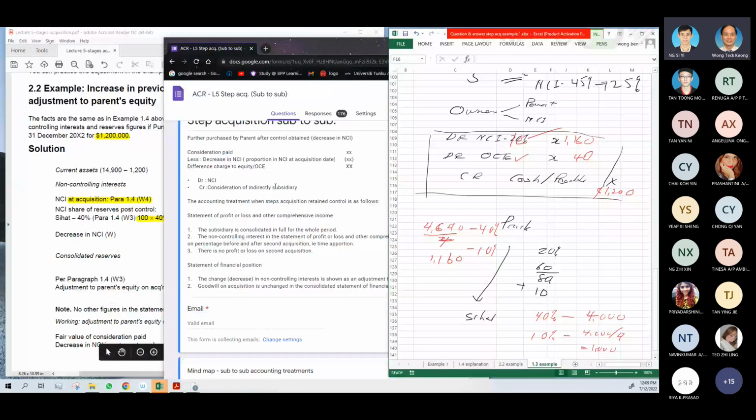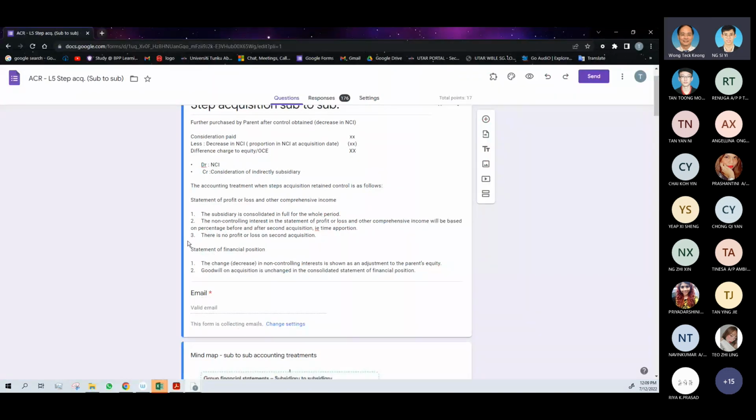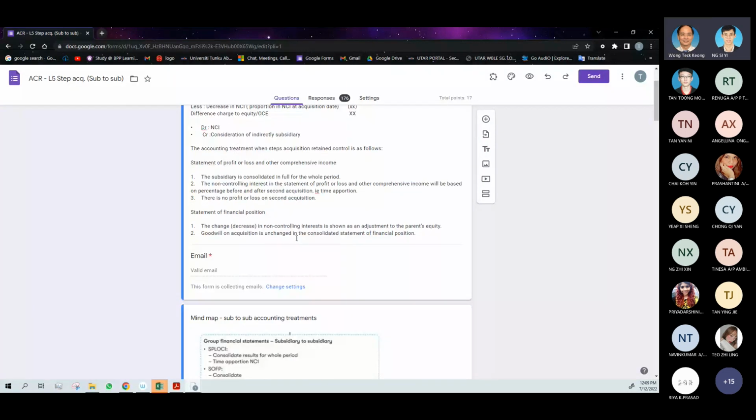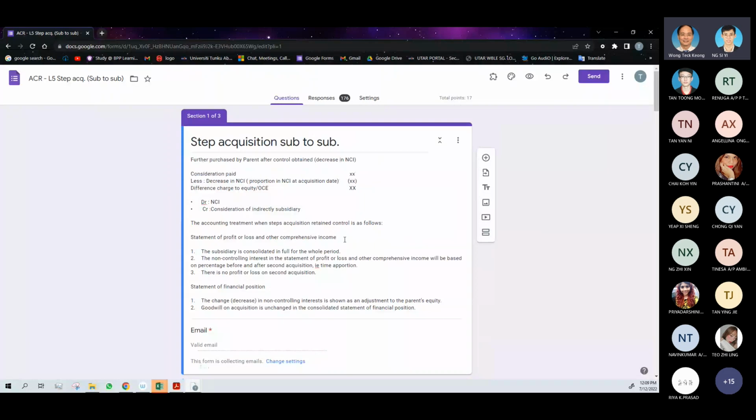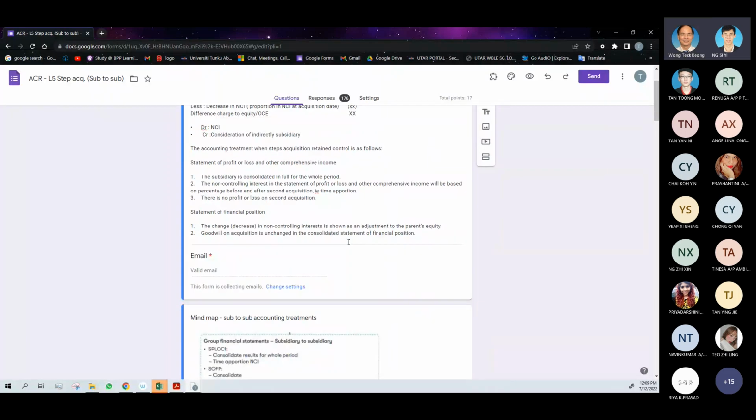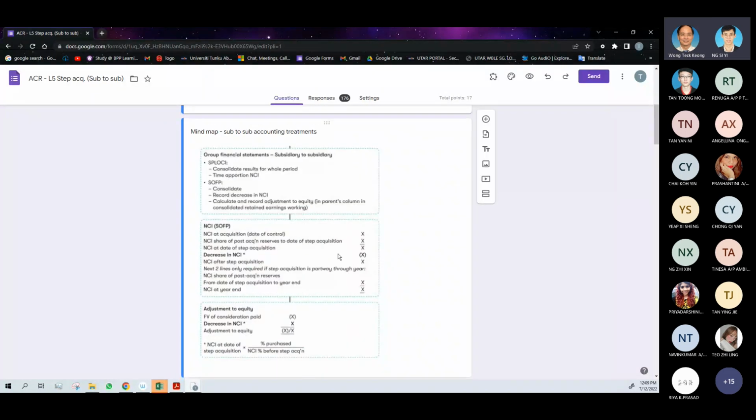There's no change in profit and loss on the second acquisition. Remember, this is an NCI decrease only, and the goodwill is unchanged; you only compute it the first time you gain control. Here they give you the subsidiary consolidation format.